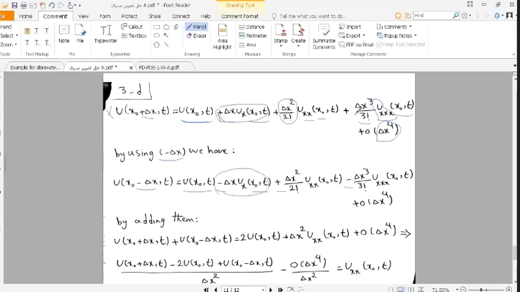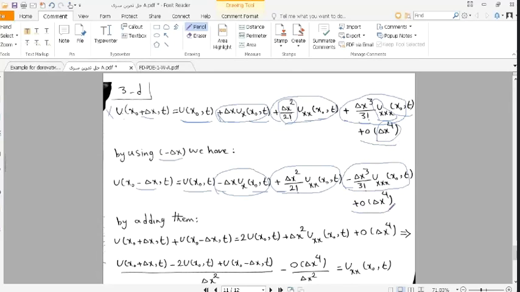In the first line we have plus delta x squared over 2 factorial u_xx, and also in the second line we have plus delta x squared over 2 factorial u_xx. In the first line we have plus delta x cubed over 3 factorial u_xxx, but in the second line we have minus delta x cubed over 3 factorial u_xxx, and for both of them we have plus O of delta x to the power 4.